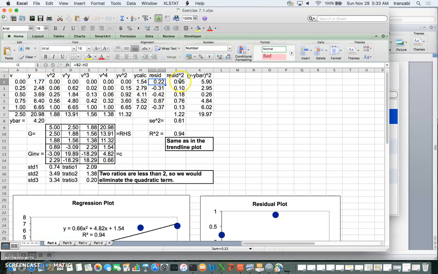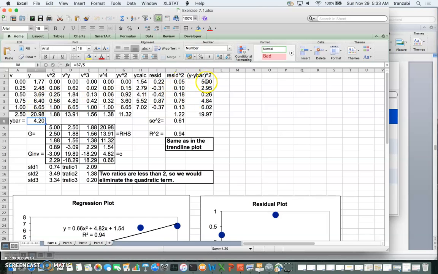Then we can calculate the residual squared. We sum them up. We get this, and then from here we calculate the correlation coefficient, which is the sum of residual squared divided by the sum of Y minus Y bar squared. By the way, Y bar is also calculated here, which is the sum of the Y divided by 5. Right, so just to double check, that's the sum of the Y divided by the number of data points.